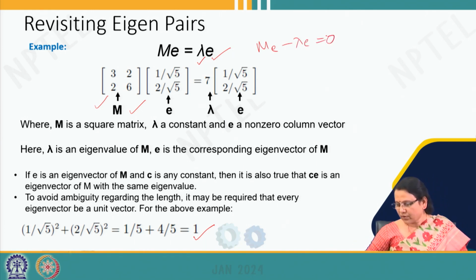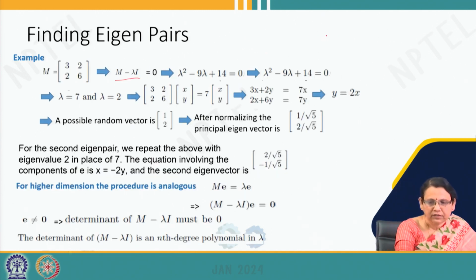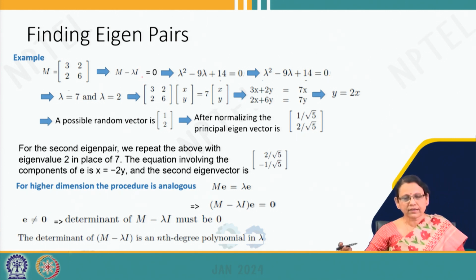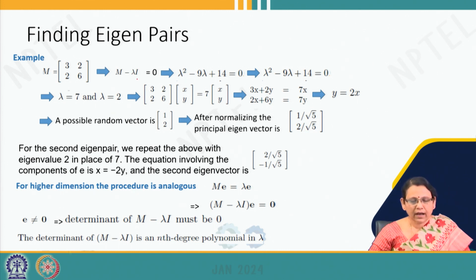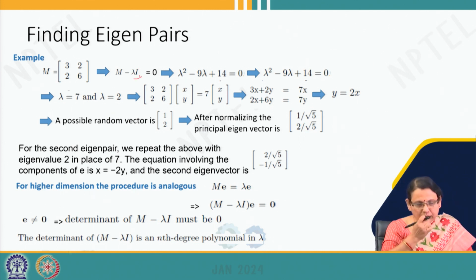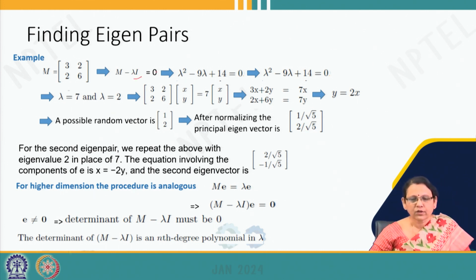From this we can get the characteristic equation, where I is the identity matrix, and we get a quadratic equation in case we have a 2-dimensional matrix.